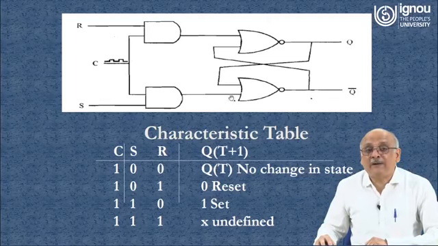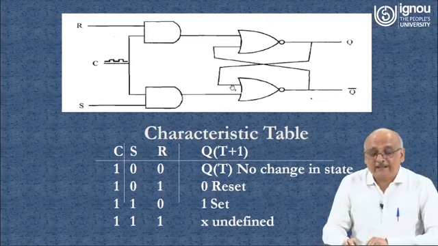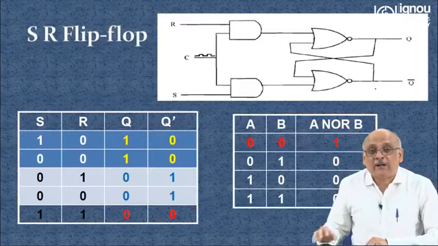Okay, when both values are 0 and suppose the state of Q happens to be 1, or let's say first we start with 0. So if this is 0, what is happening? In the NOR gate, this is 0, this is 1. And the NOR gate has a very interesting property. What is the interesting property in NOR gate?